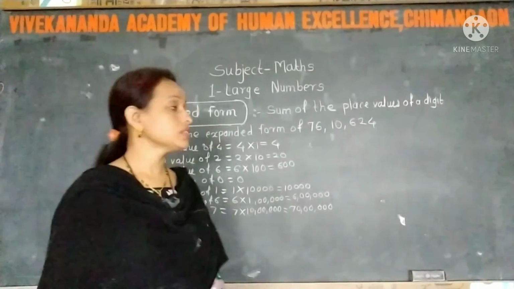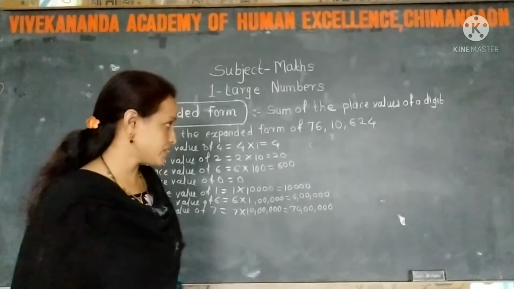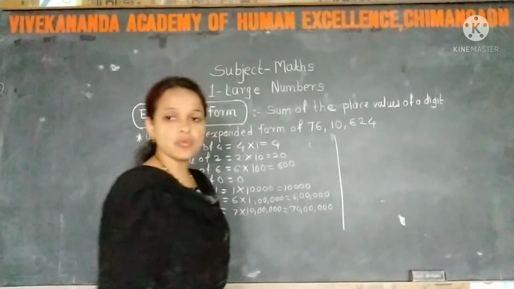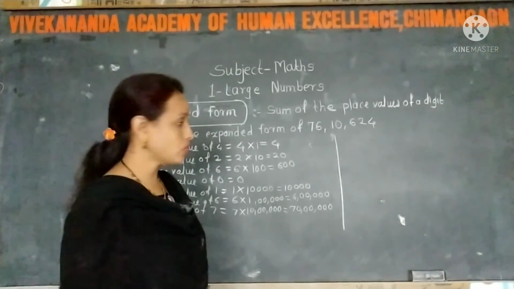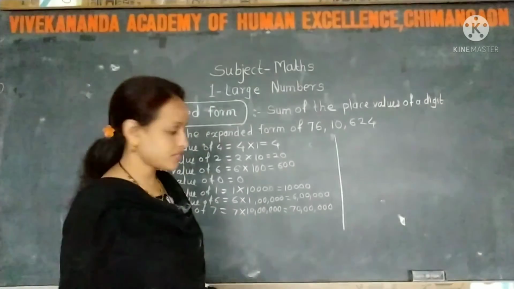First I told you expanded form is the sum of the place values of the digits. So the expanded form of 76,10,624, we will add the place value of each digit.